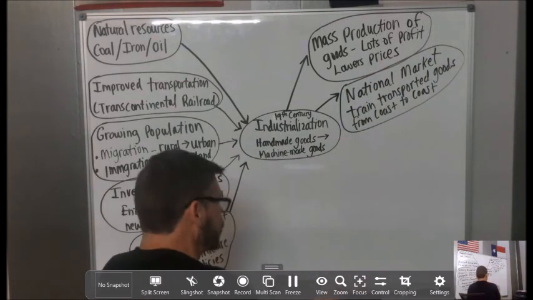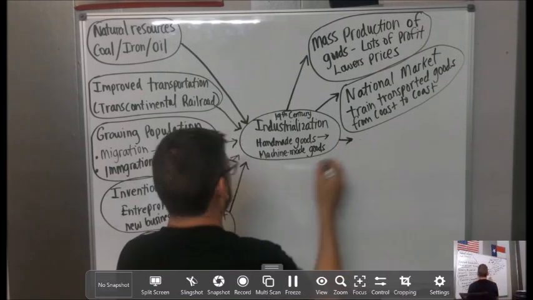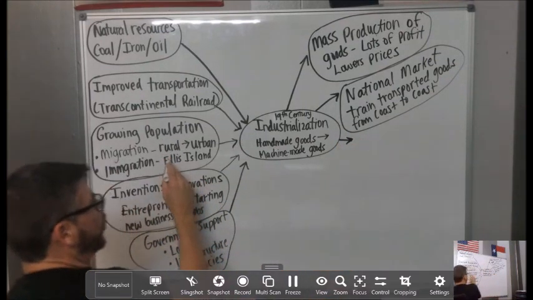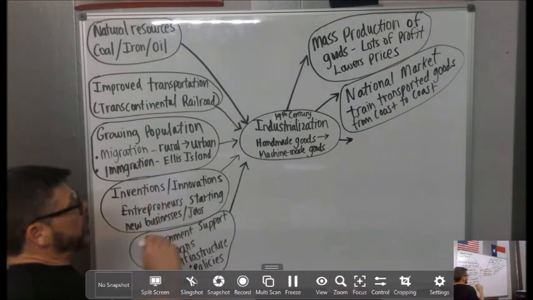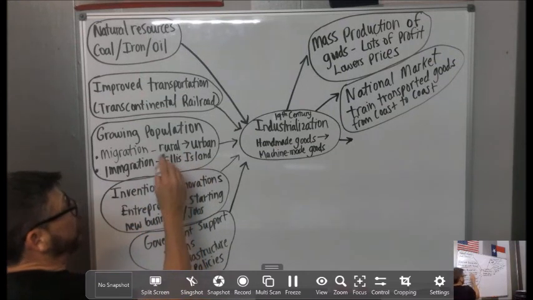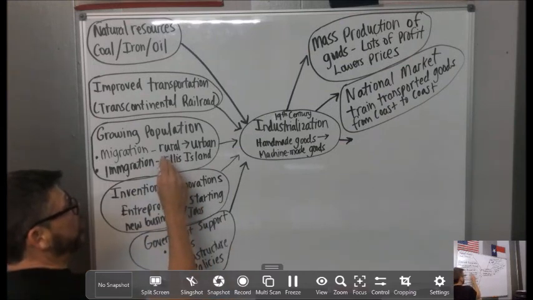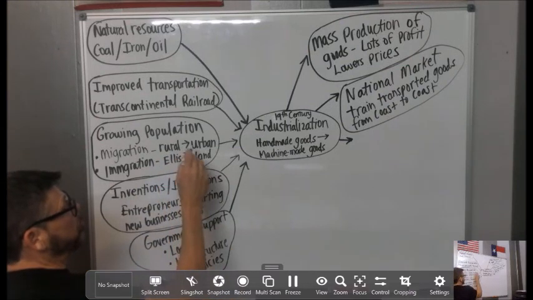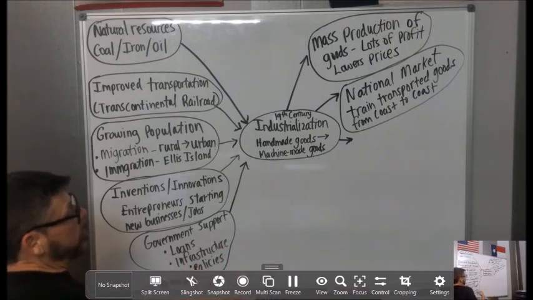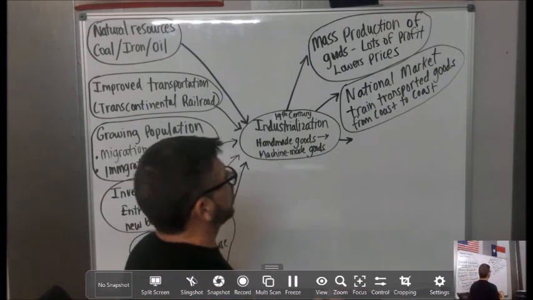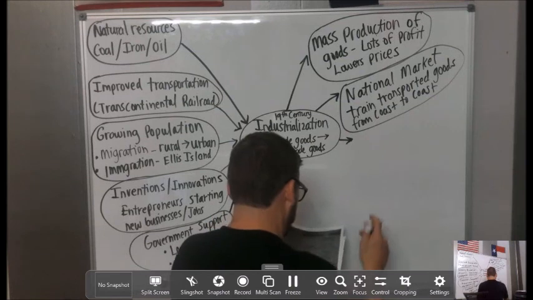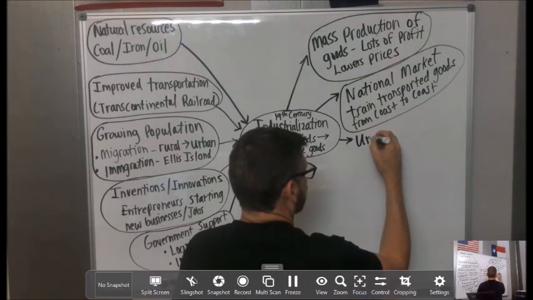All right, so it also led to urbanization, especially this rural to urban population shift, moving from the farms to the cities. Tractors took the place of jobs on the farms, and they had to force people to move to the cities. And plus, it worked out because the factories were needing the manpower. So that's called urbanization.